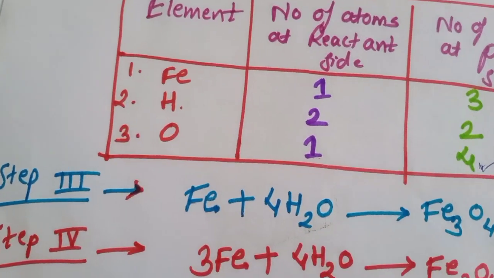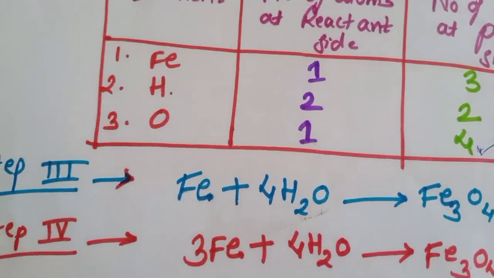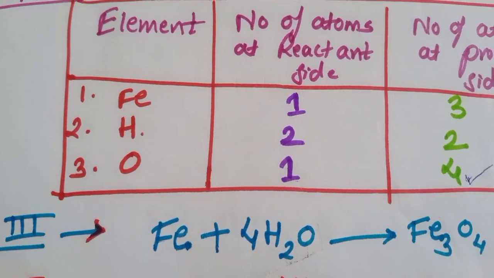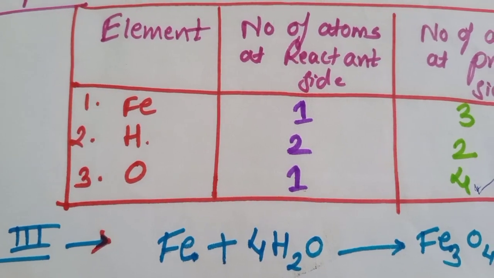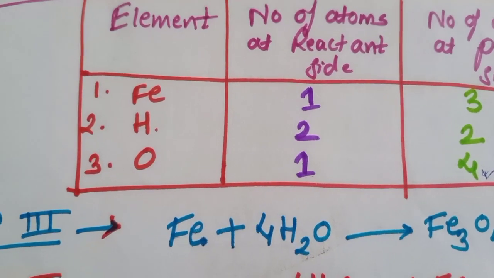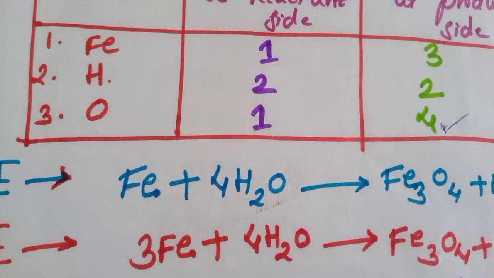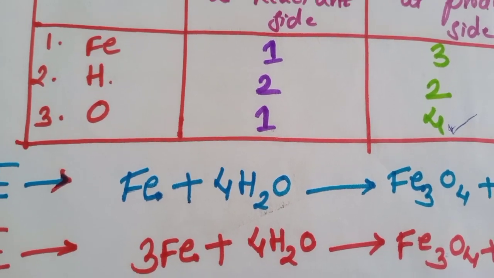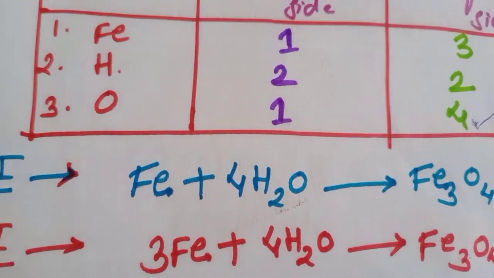Next, step fourth. Try to equalize the atoms of elements on the reactant and product side by adding a coefficient in front of it. So always you have to try to equalize the atoms by adding a coefficient.